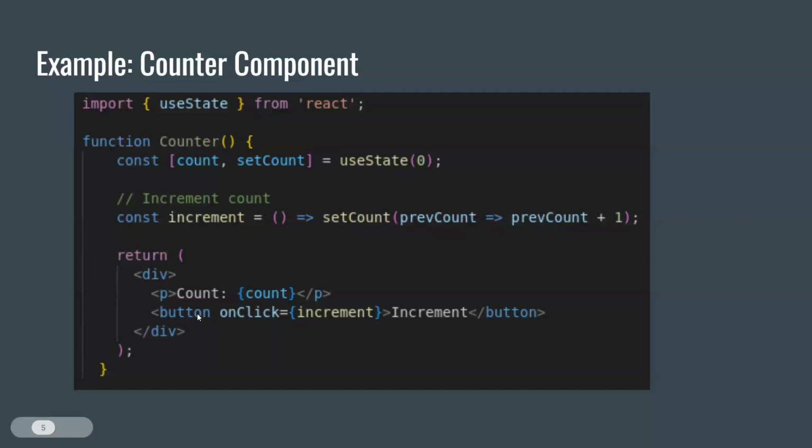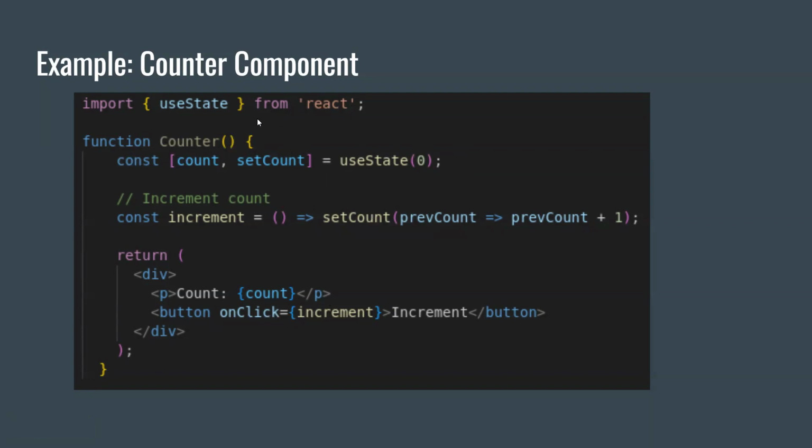And there's a button that says increment, with an onClick handler, increment, that calls setCount. So this is the part where we're using the useState hook.